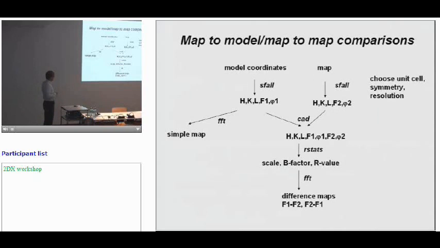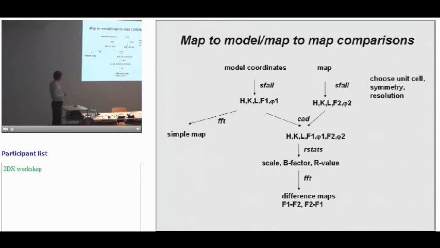And then there is a program in the CCP4 package which makes comparisons in real space. So I was interested in the scaling, but also in the resolution-dependent scaling, in other words, in refining a B factor.